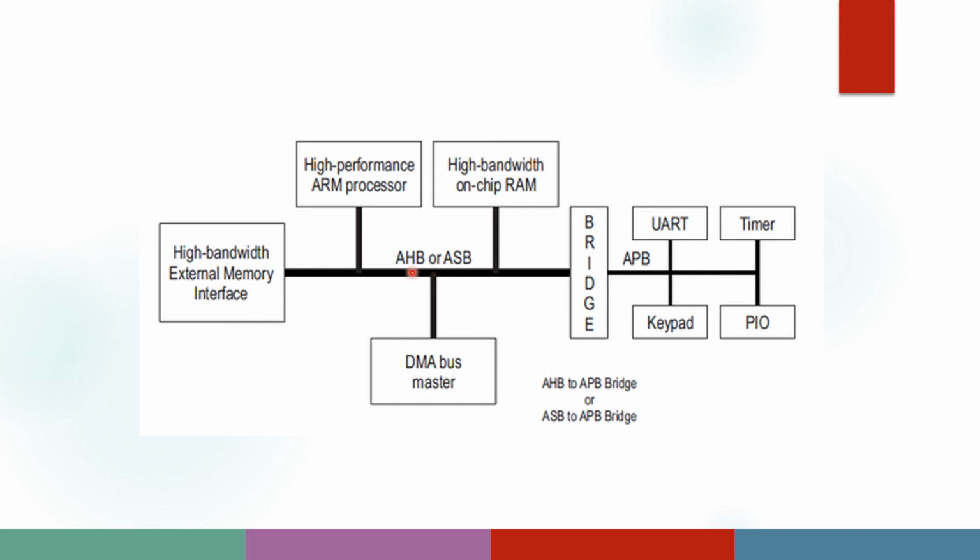So we have an AHB or ASB here, and the bridge interconnects both of them. So we can say that the total bus architecture is divided with the help of a bridge section, and AHB or ASB interconnects the most important parts of the system, whereas this APB section is interconnecting with the peripherals.